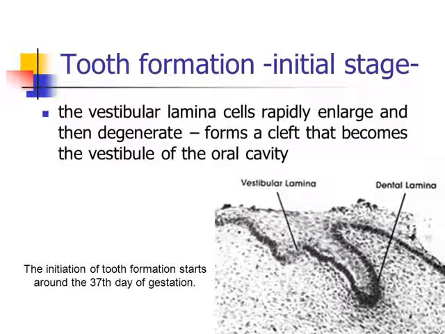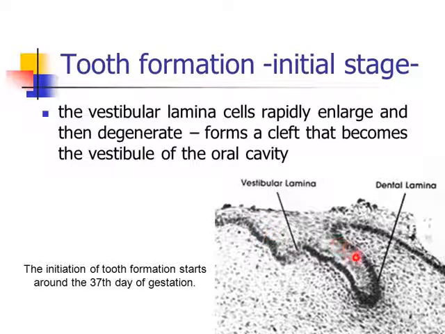Tooth formation, initial stage: as we said, this is the oral epithelium, and this is the proliferation of the oral epithelium toward the ectomesenchymal cells, forming the dental lamina, which is this proliferation on this side. This is the lingual extension of the primary epithelial band, forming the dental lamina, and the labial extension forms the vestibular lamina, which later forms the vestibule.